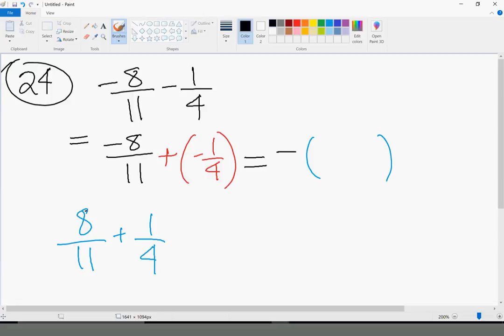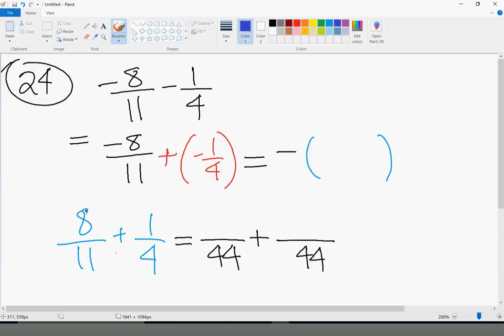So again, we have to have common denominators. So we need to get equivalent fractions using that common denominator. So the least common denominator between 4 and 11 is going to be 44. All right. So how can I get 44?